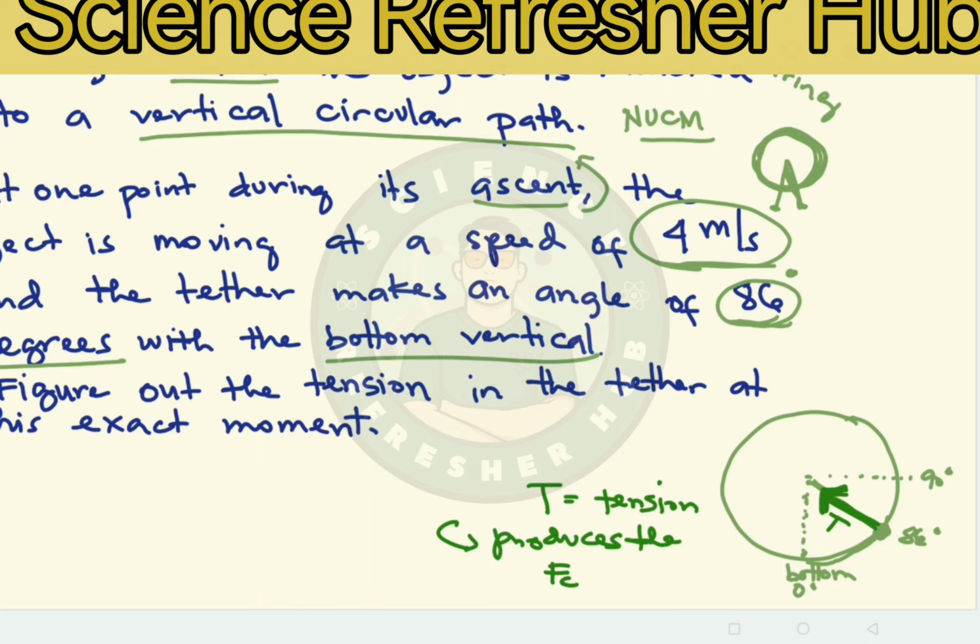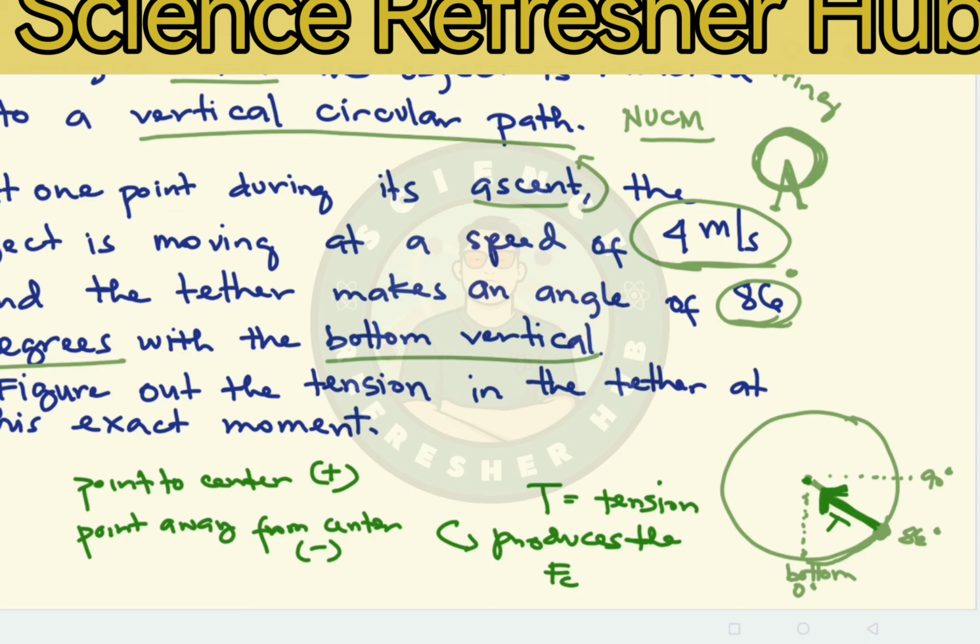The arrow or the vector is going towards the center point of our circular motion. Everything that points towards the center, we can assign positive as the convention sign. Pointing away from center is going to be negative. So in this case, our centripetal force, which is generated by the tension force, is positive because it is going towards the center of the point.